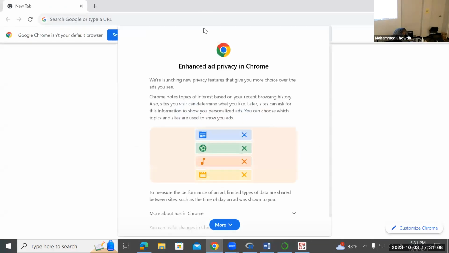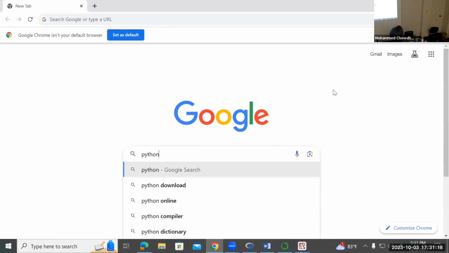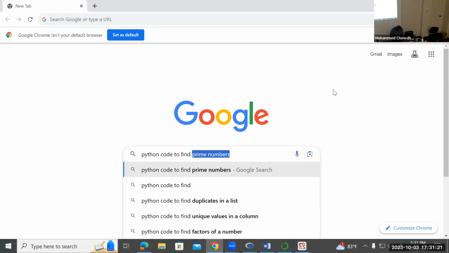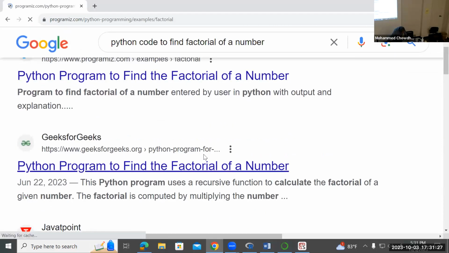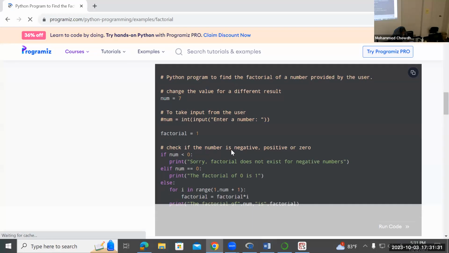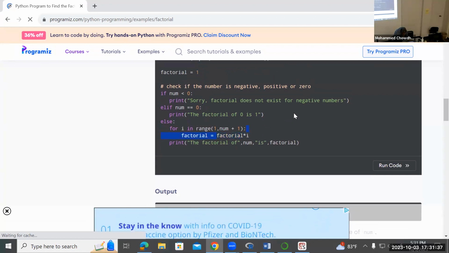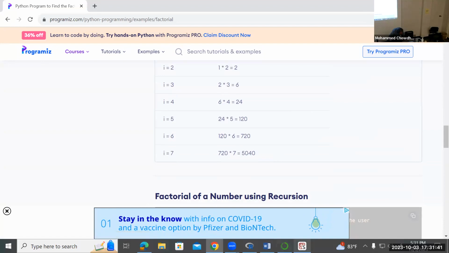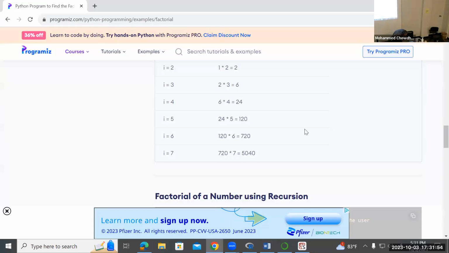Python code to find factorial. np.fact, I guess. Let me see. Oh, this is just the factorial. Factorial is not obtained.